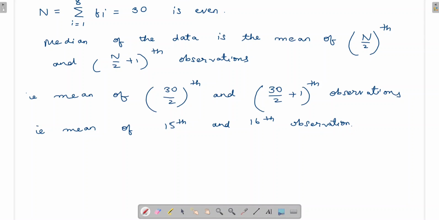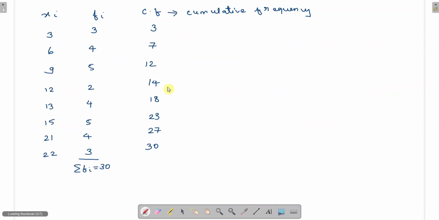Now if you look at the cumulative frequency here, 15 and 16 are between 14 and 18. So what we have to select is the cumulative frequency which is greater than both 15 and 16. So that is 18 here, right? So 18, so the corresponding xi value will be the median.